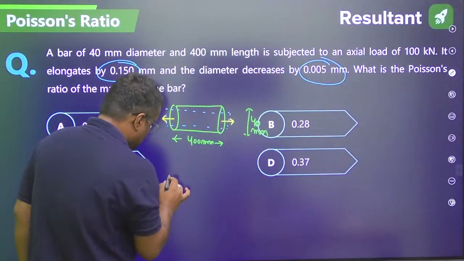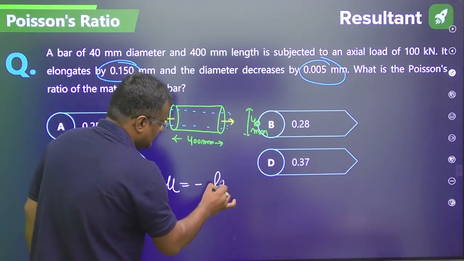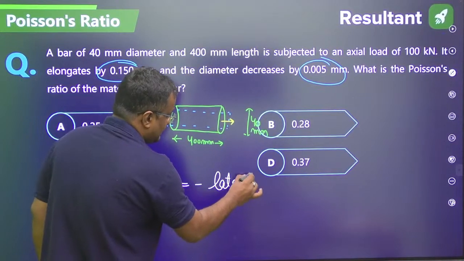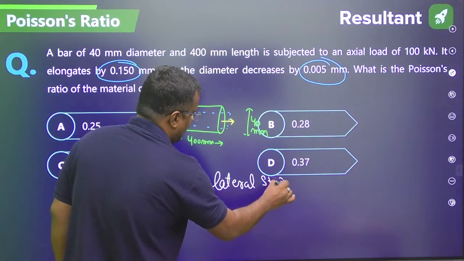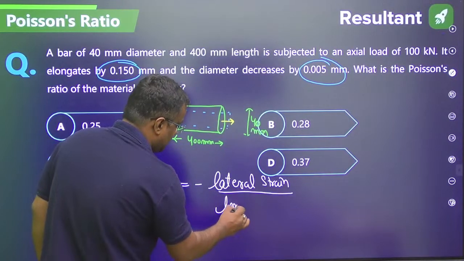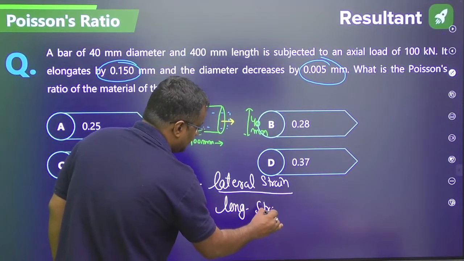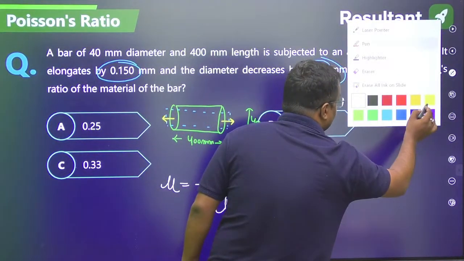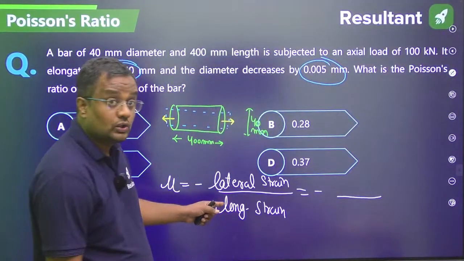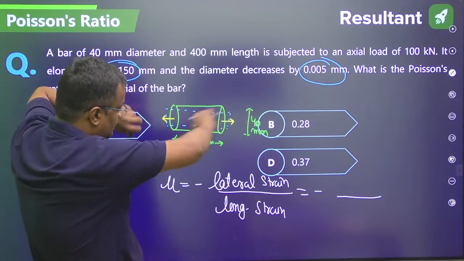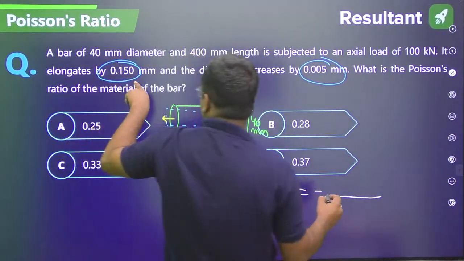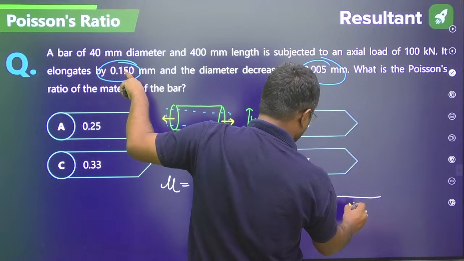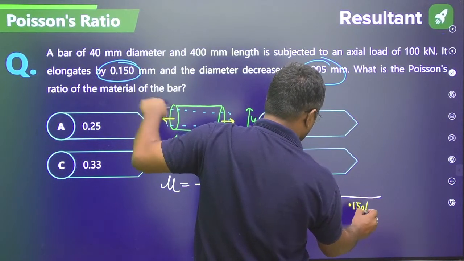So guys, mu is equal to minus of lateral strain divided by longitudinal strain. This minus is of the formula, lateral upon longitudinal. Longitudinal is in the direction of force, so this is longitudinal. So here the length is increasing, 0.150 upon L.